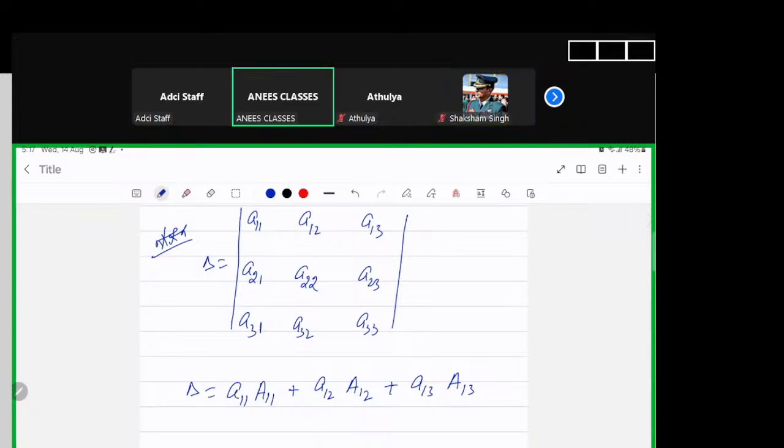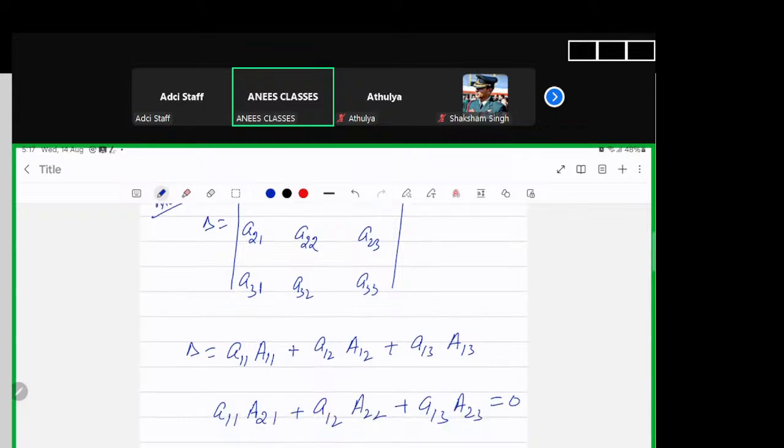Now suppose that you have taken A11 but cofactor along A21. That means corresponding elements of another row. Okay? A12, so A22. A13, that is A23, equal to 0.